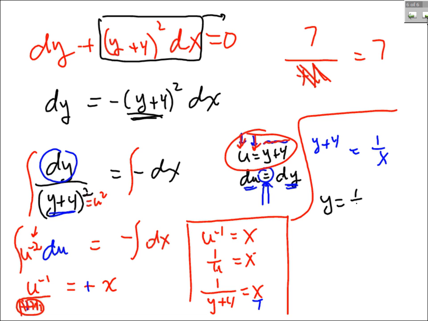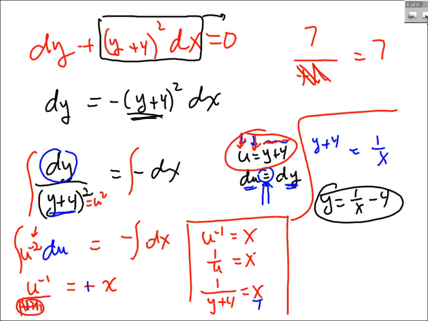Y is 1 over x minus 4. That would be your answer. And you can take the derivative of that, and you would get back the correct answer.